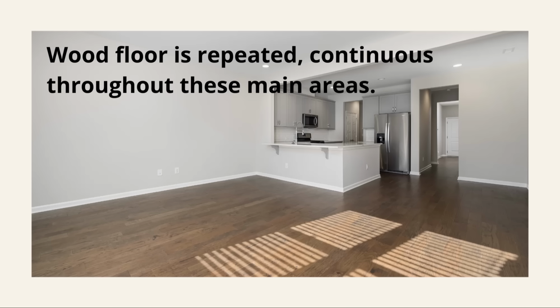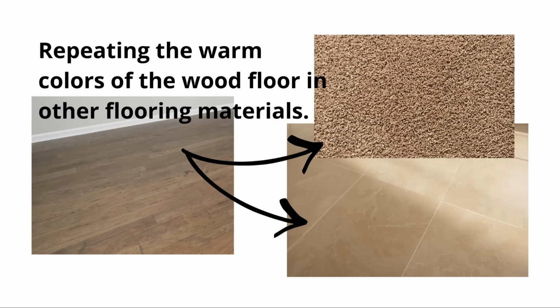But then when we go into other rooms, maybe like a bathroom or a bedroom where we change up the flooring a little bit, we are changing that style and the materials of the flooring, but we're staying consistent with the color scheme. So if we're starting out with very warm tones of a stain color in a wood flooring, then we would want to stay within that warm tone family of colors when we bring in a carpet or tile, for example.